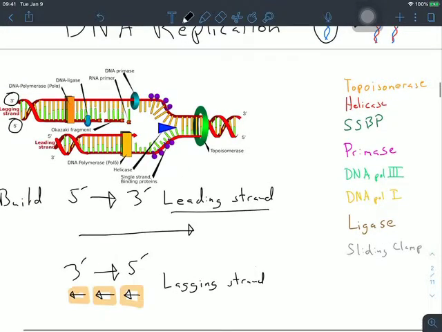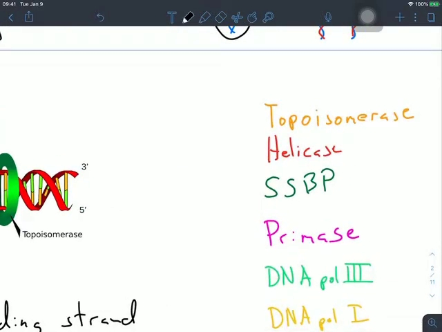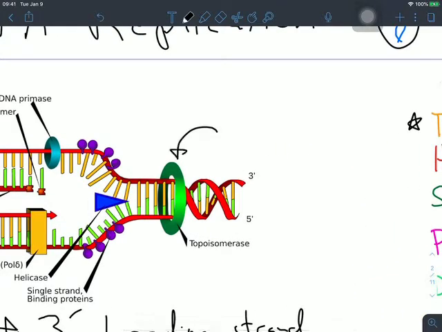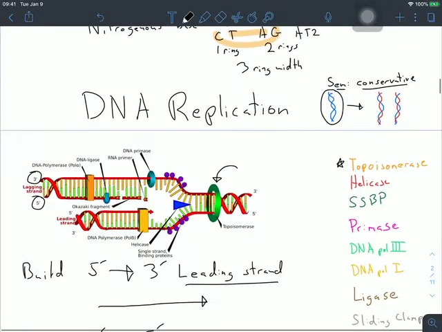Here on the right, we also have all of the enzymes necessary to complete DNA replication. Topoisomerase is our enzyme that's going to be making sure that there are no tangles up front. And you see it here in the Wikipedia drawing.